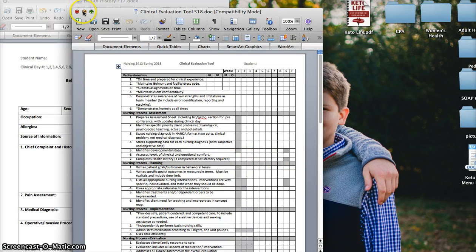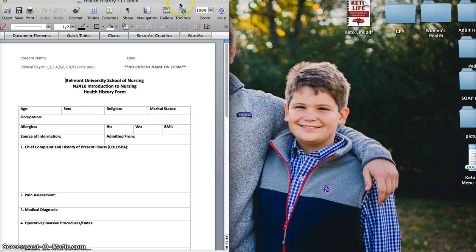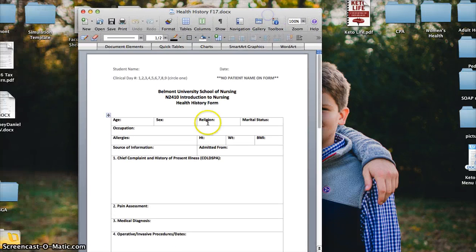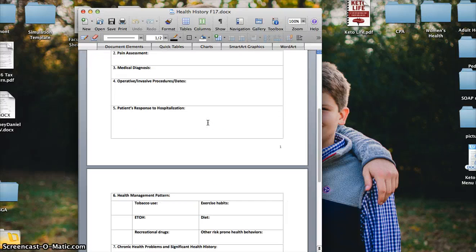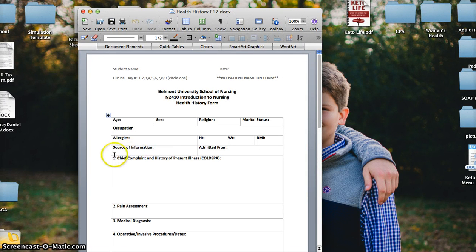I encourage the students to get those done early, so it's one less thing they have to worry about toward the end of the semester. If you have any questions about the health history, this is really just getting them in there to talk to patients. They're doing this, whether it's COLDSPA or OLD CARTS, however you've learned it, it's the same thing. They've done that in health assessment.